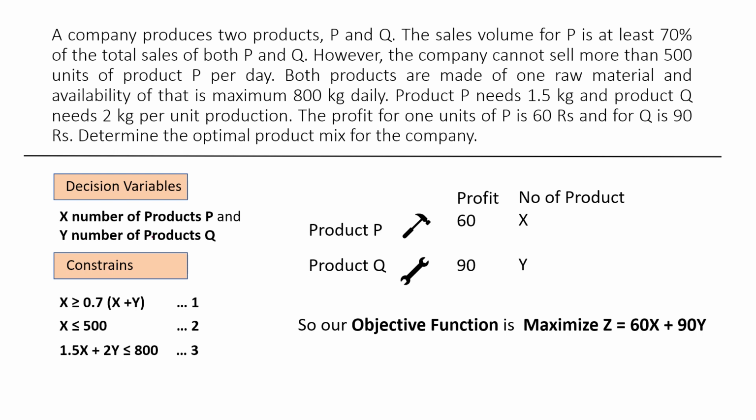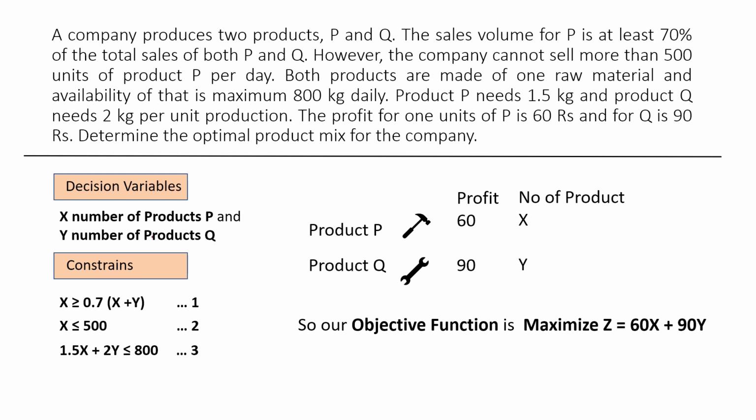So now it is important to understand what an objective function is. When we are running our company, we are running it for getting the profit. So our ultimate objective is to get the profit, and here we are generating one function which gives us the value of the total profit.